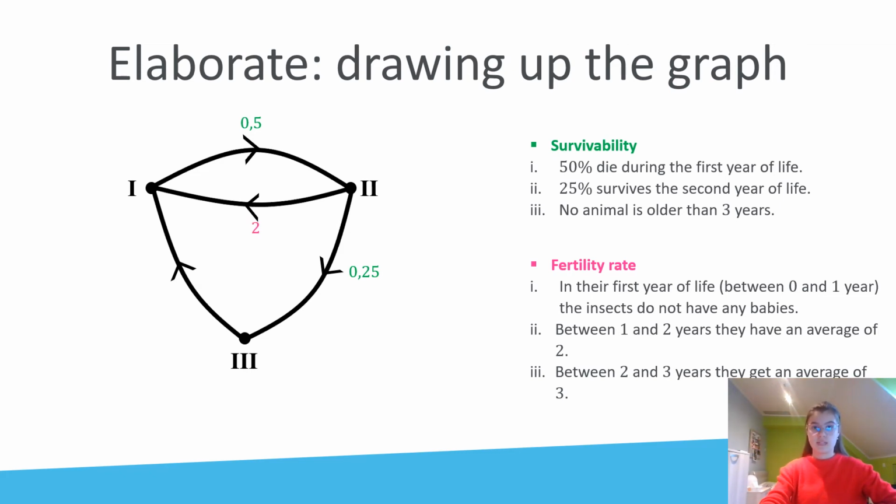So we write down from 2 to 1, 2. Insects that are in the second year of life have babies, and those babies are in the first year of life. Between 2 and 3 years old, they have an average of 3 babies. So we write down 3 to 1, 3. Insects that are in the third year of life have babies, and those babies are in the first year of life.